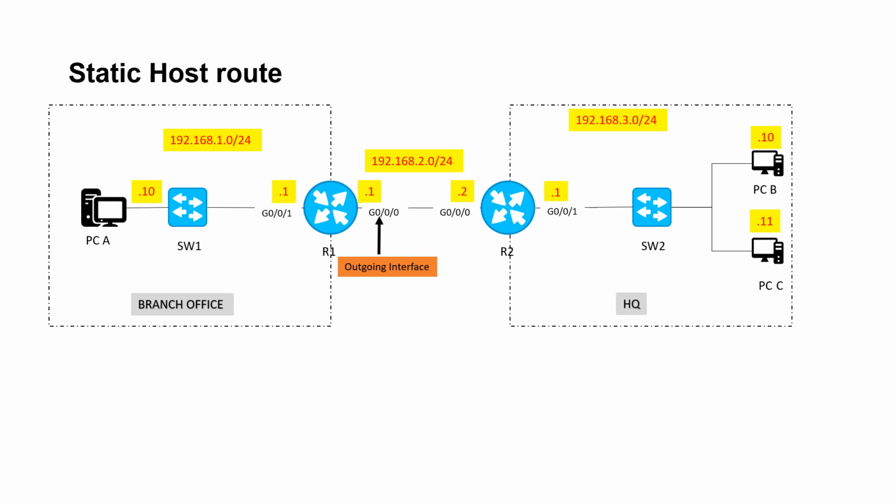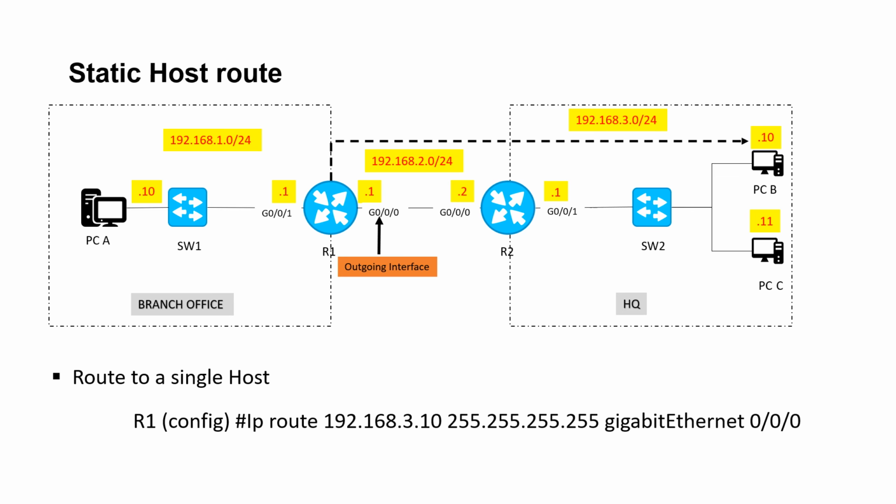Another type of static route is static host route. A static host route is a route to a single host. A network admin can manually configure a static route to direct traffic to a specific destination device, and to create this you have to use the host ID along with the subnet mask 255.255.255.255.